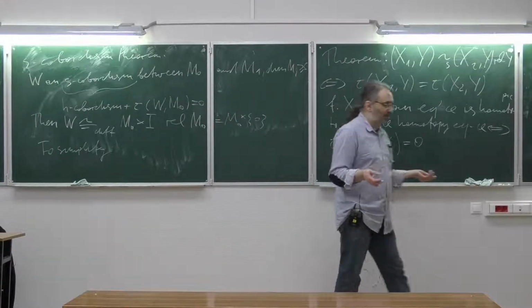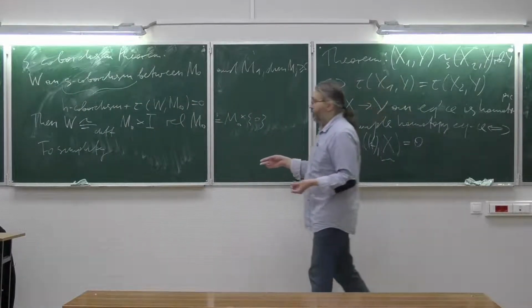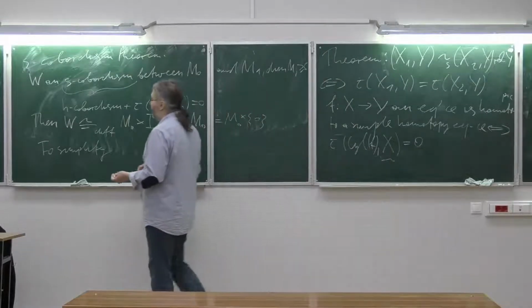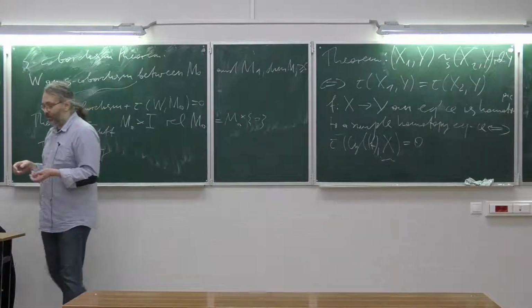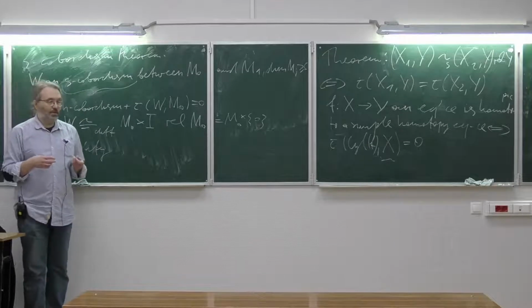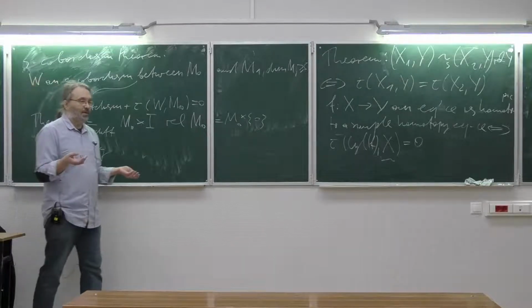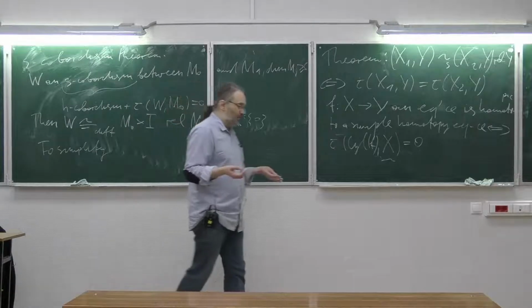We need to be able to relate this tau with handles, which we had in the proof of the H-cobordism theorem.